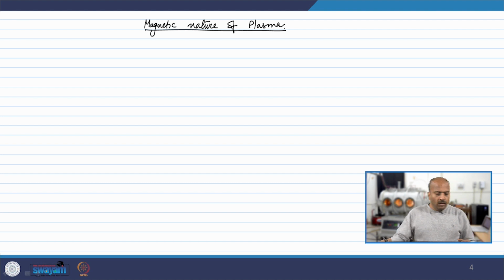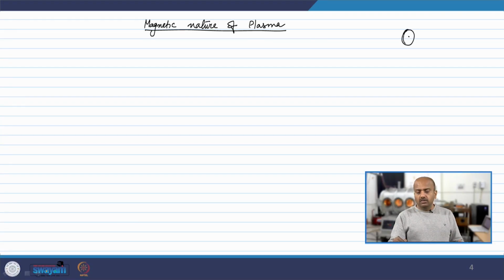Now we know that the plasma, when it is subjected to a magnetic field, the particles will start gyrating. They will move around, right. They will circle around a fixed point. This circular motion or the helical motion can be along the field lines.